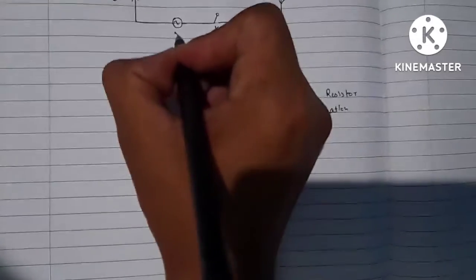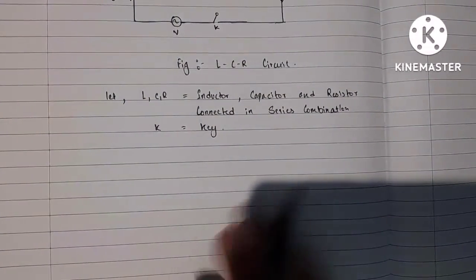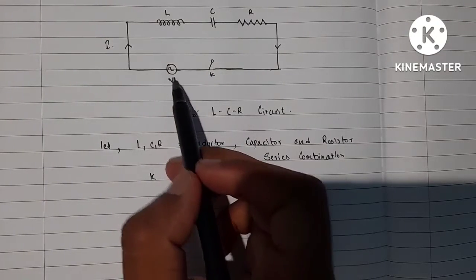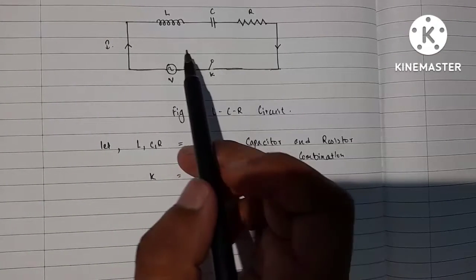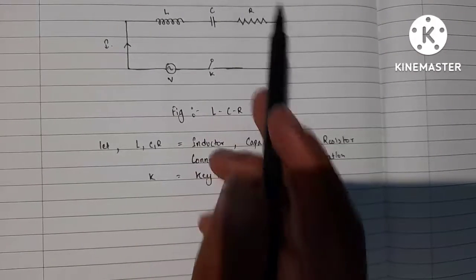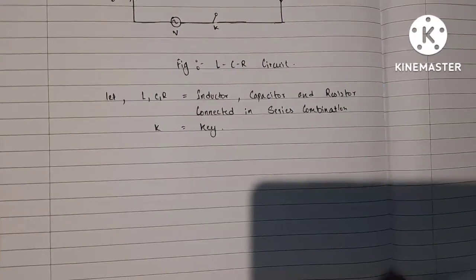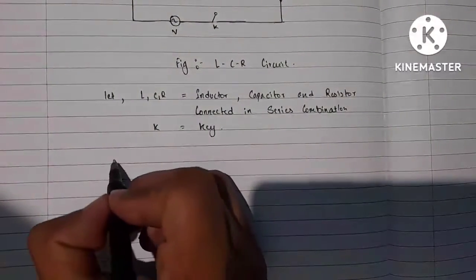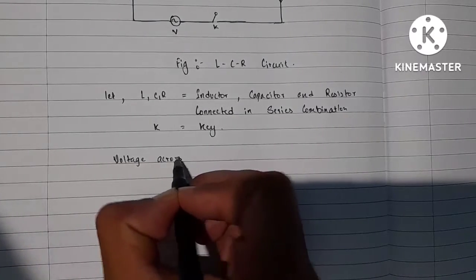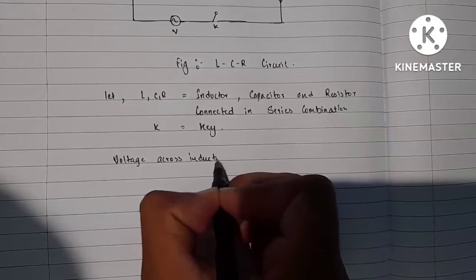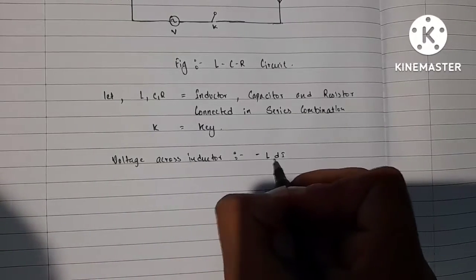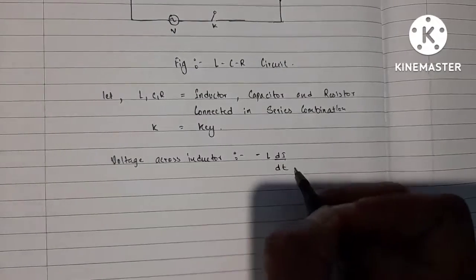This is the voltage V. As you can see, the voltage in this circuit is split into three parts across L, C and R. So the voltage across the inductor will be minus L di by dt.